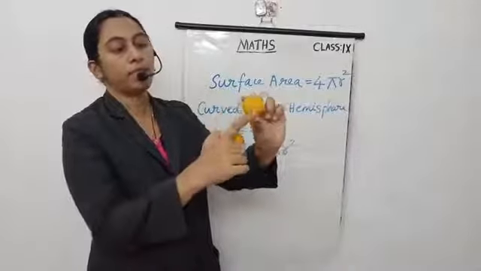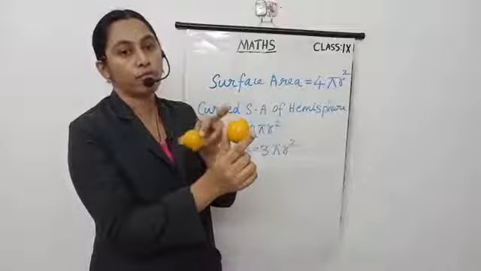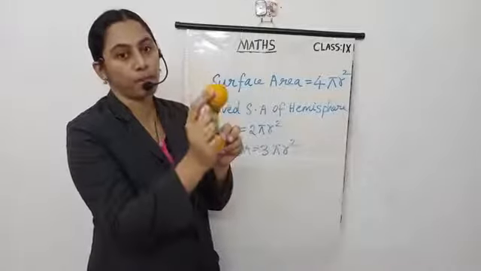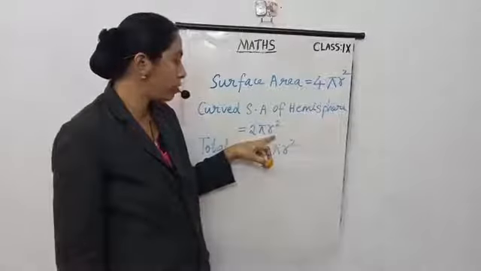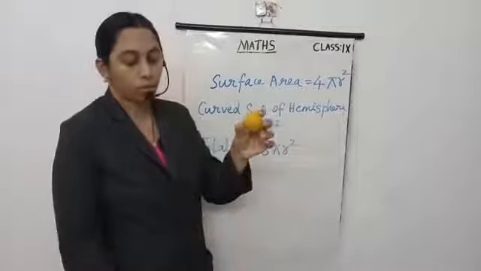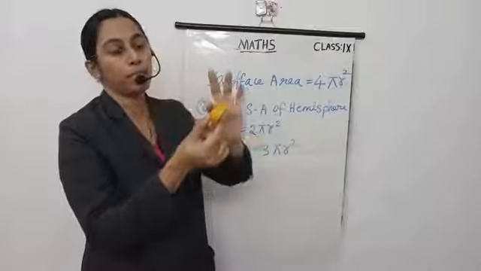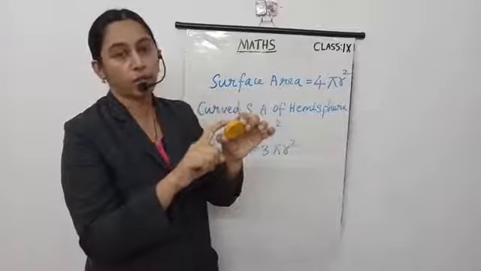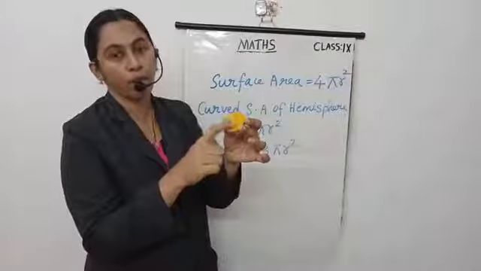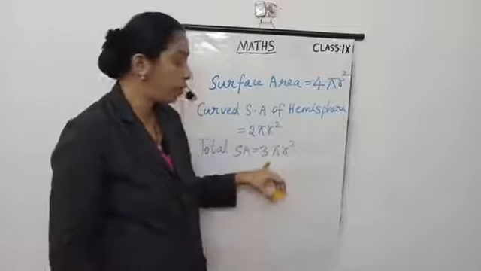Its curved surface area is half of 4 pi r square, that means 2 pi r square, and the total surface area of this hemisphere is this area plus this area. So 2 pi r square plus pi r square, we get 3 pi r square.